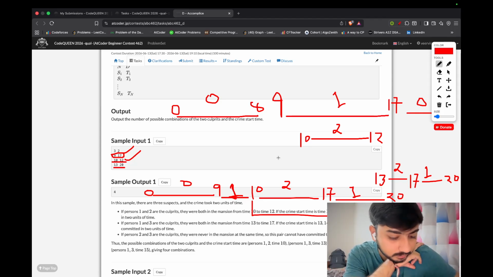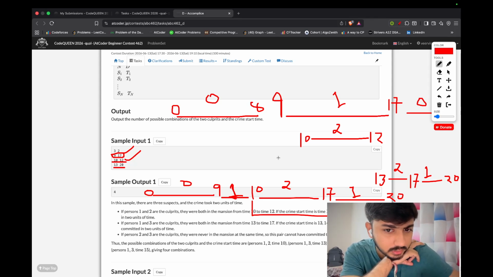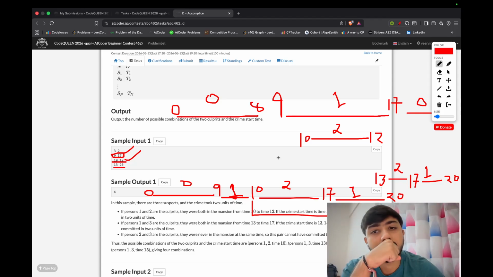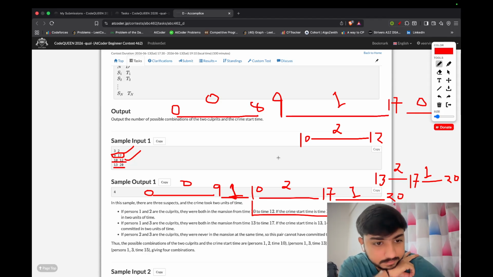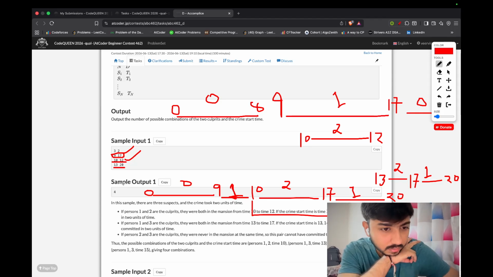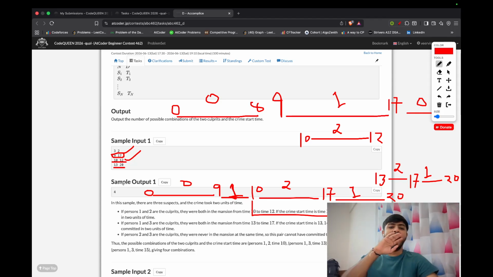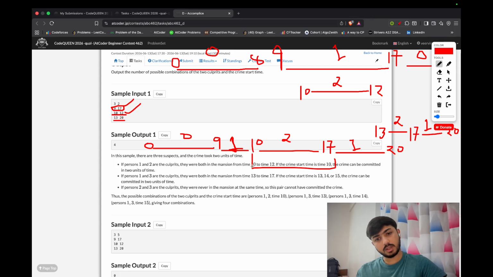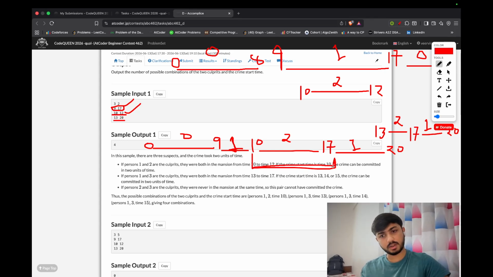What we can do is, instead of this, the crime lasts for D units, right? We can treat this as a potential lookup interval.